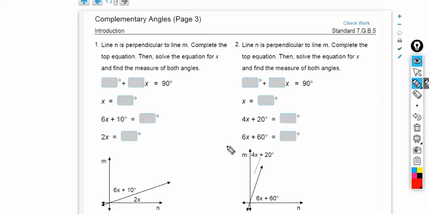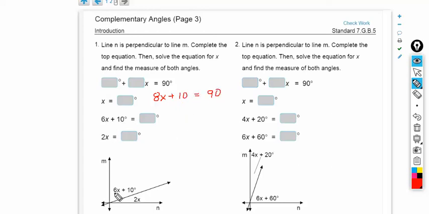Same thing going on. So here we're going to have a 6x plus 10 plus a 2x equals 90. So I'm just going to add that together. 6x plus 2x is 8x. So we have an 8x plus 10 equals 90.